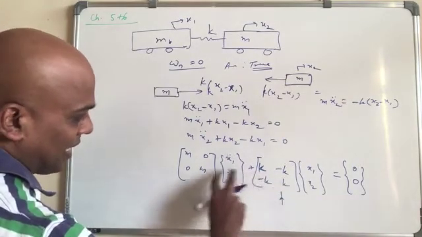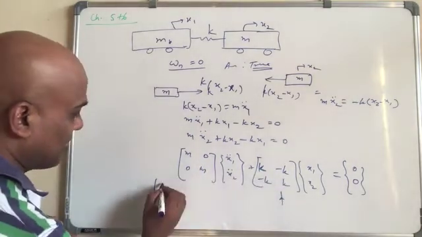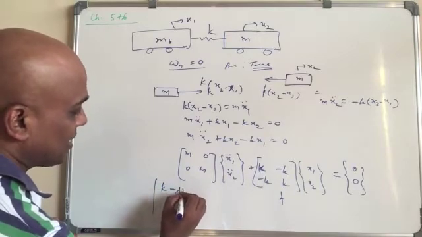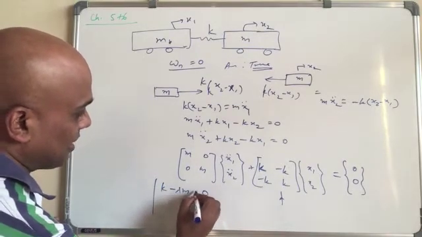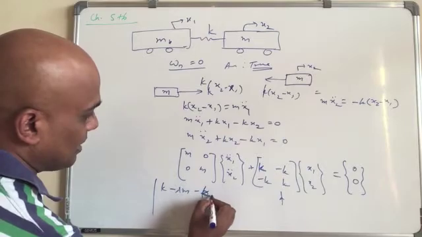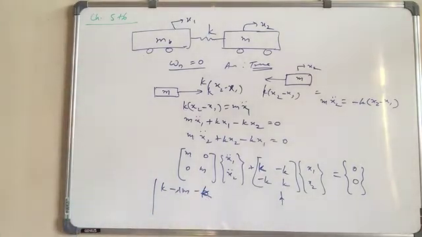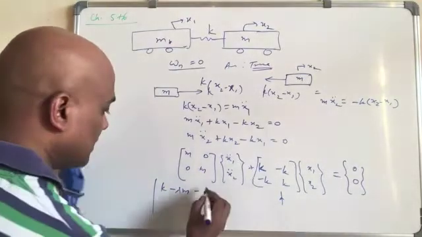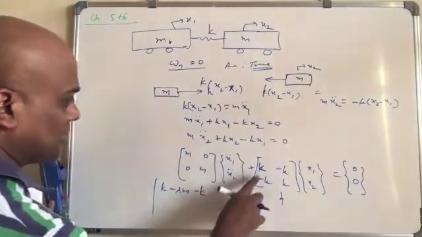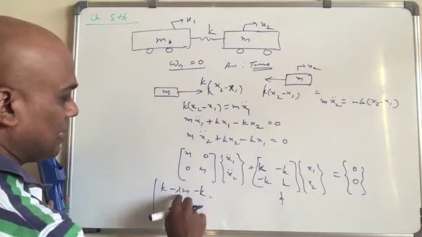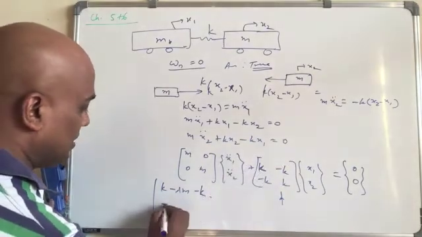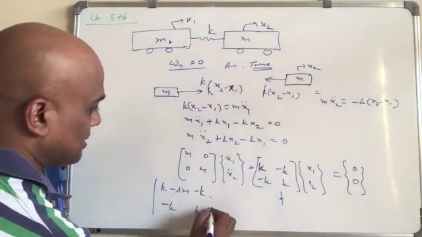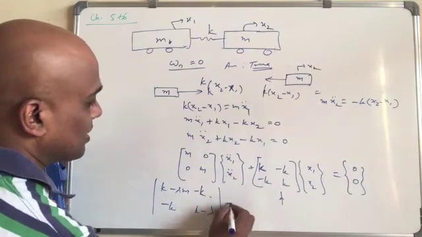So what is the eigenvalue problem? The eigenvalue problem in this case is the matrix k minus lambda m, 0, minus k, and so on. I'm taking the determinant directly. So k minus lambda m, this is minus k, minus lambda m will be equal to 0, right?